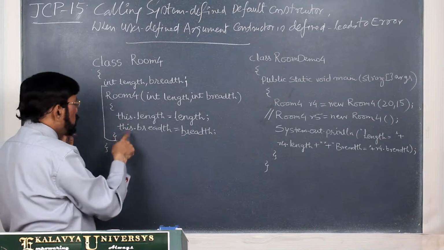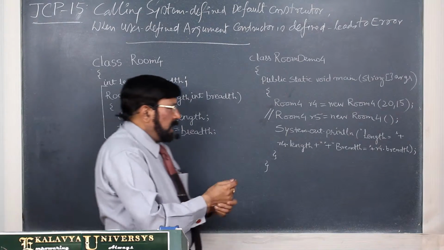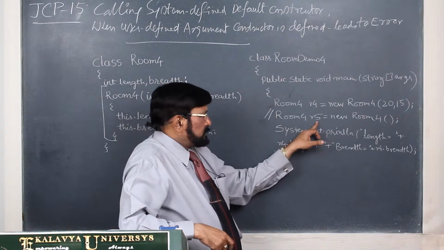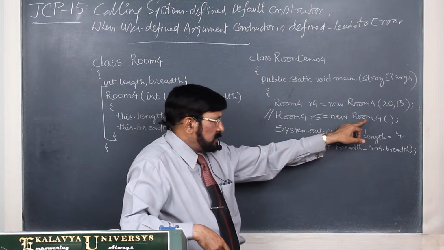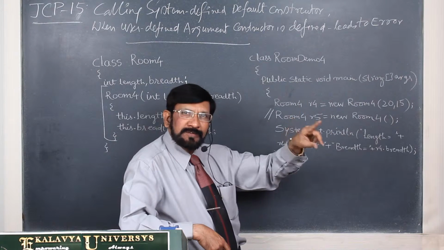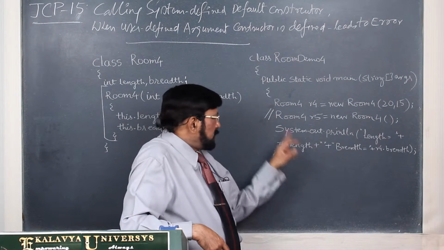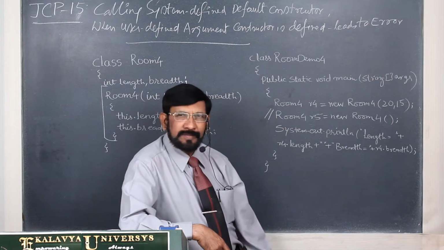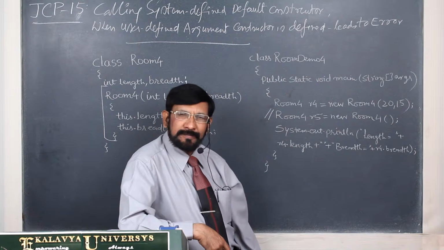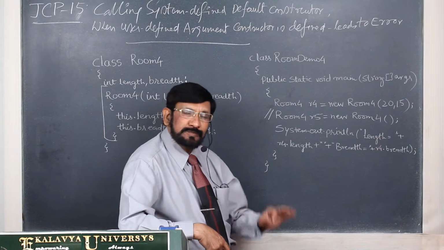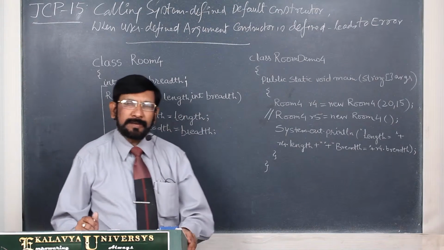In Room4 class we defined it, and here for R5 we are calling system defined default constructor. Actually, I commented it out. If I don't comment it out, it leads to error. This point you have to remember.